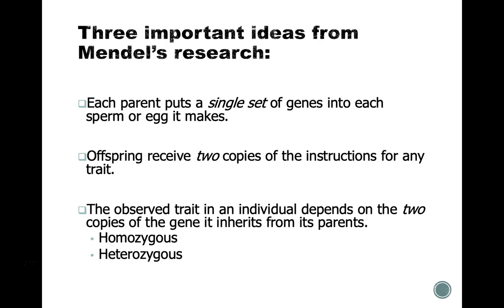But an individual can receive 2 copies of the same allele, or they can receive 2 different versions of a particular allele. Now, we saw this when we were looking at sickle cell in our lab. Individuals could be homozygous normal, homozygous for sickle cell, or they could be heterozygous, where they produce both types of protein.